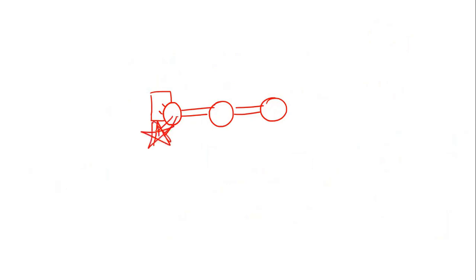I'll draw it here. Let's take this as a carbon, this is another carbon, and this is another carbon. Over there we have a hydrogen, and over here we have a CH3. This is star CH3. And here we have hydrogen, and here we have a star.